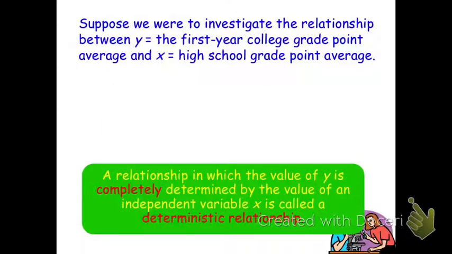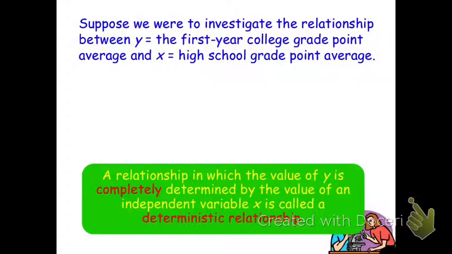Definitely not. A relationship in which the value of y is completely determined by x is called a deterministic relationship. And that would be when your r squared value, that coefficient of determination, is 100%. Do you remember talking about r squared?